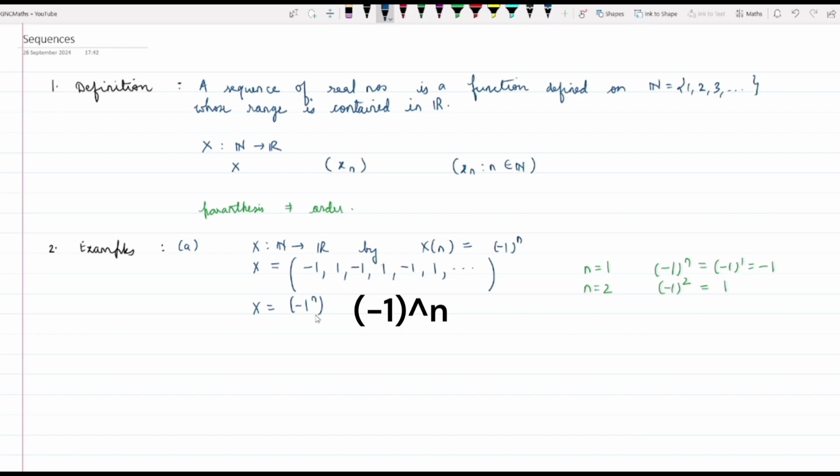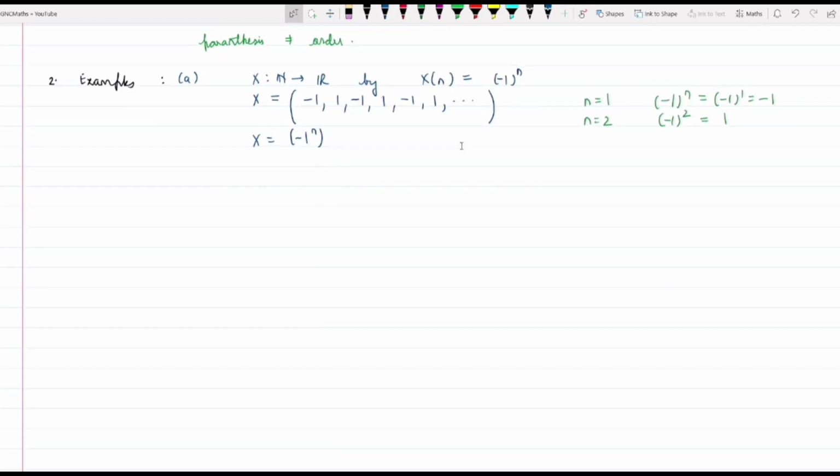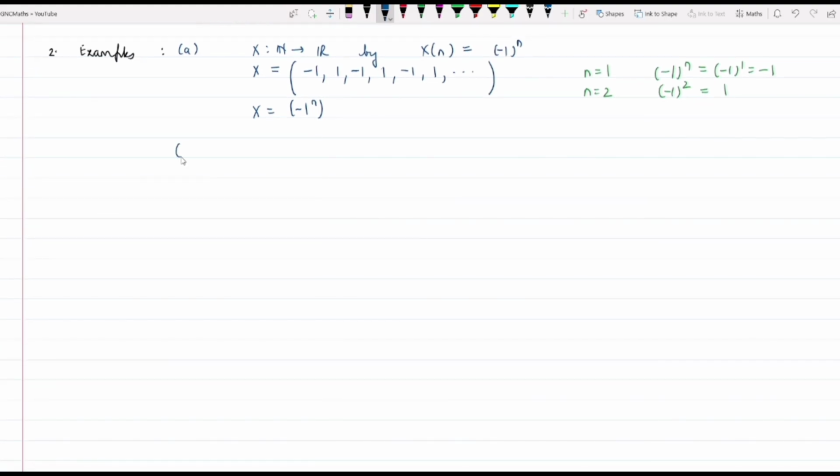Now there are multiple ways in which sequences are expressed. Let me take another example. Suppose we have a real number k. I can define a sequence as k, comma k, comma k and so on and so forth.